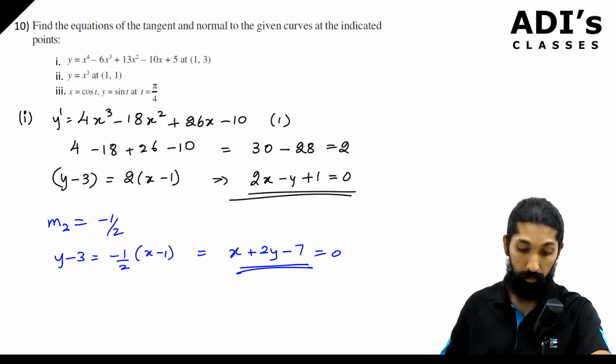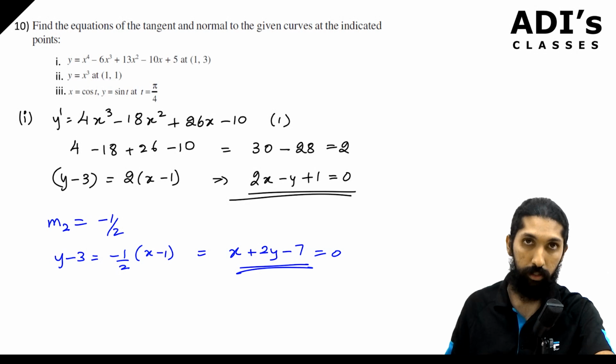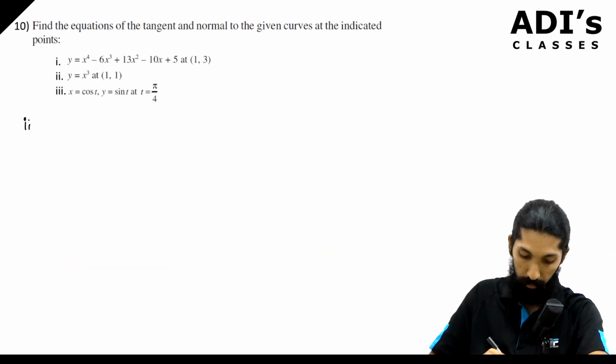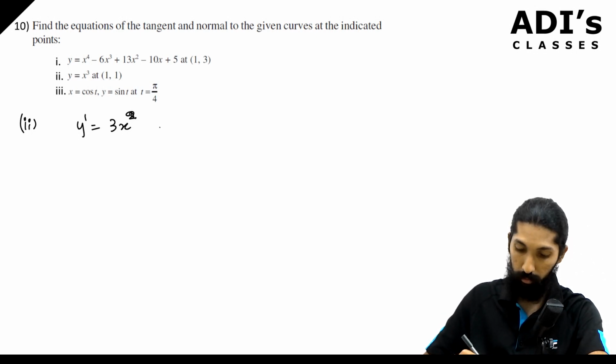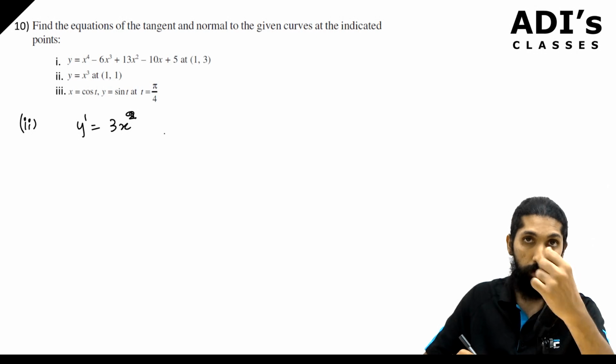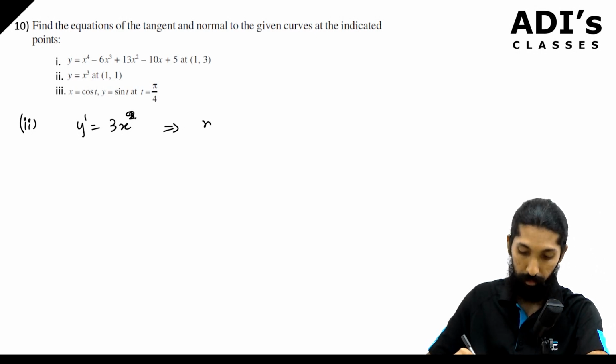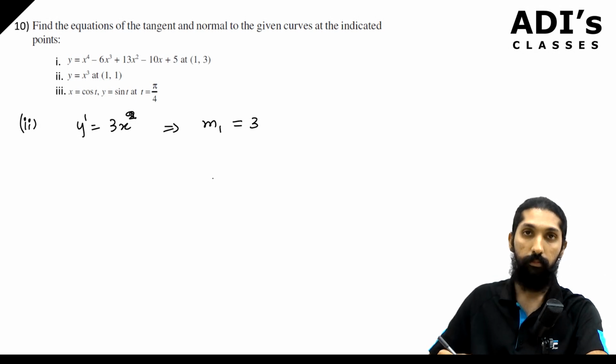Now let's do the second part, which is y is equal to x cube. See here you have first y dash will be equal to 3x square. Now once your y dash is equal to 3x square, substitute x as 1. So when you substitute, slope m1 is equal to 3, right?